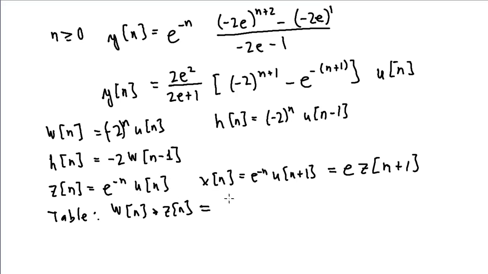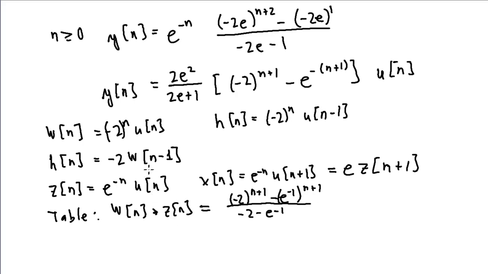Plugging those values directly into the table, I get minus 2 to the n plus 1 minus e to the minus 1 to the n plus 1, all over minus 2 minus e to the minus 1. So this is the convolution of w of n and z of n.